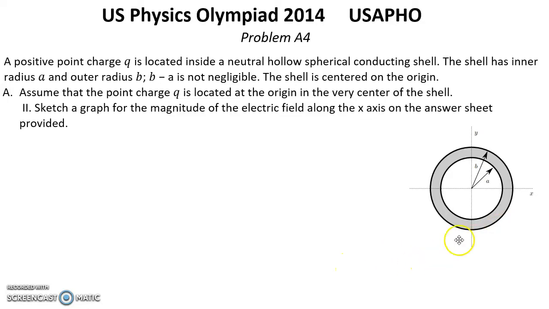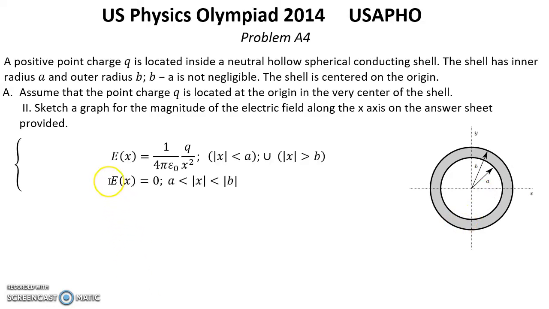It means that inside of this shell the electric field is zero due to Gauss, and due to Gauss, inside the shell at distance less than a, the electric field is the same as outside the shell, and we can sketch the graph.